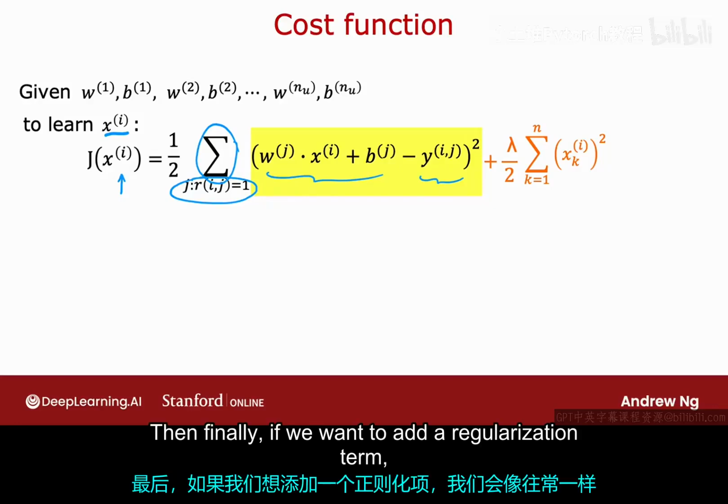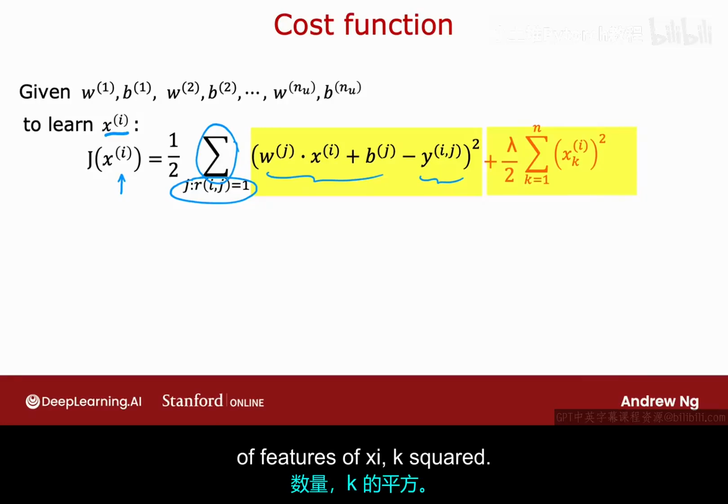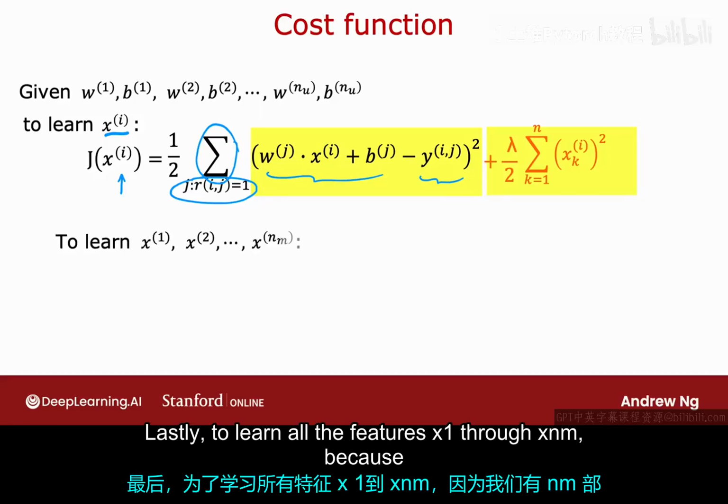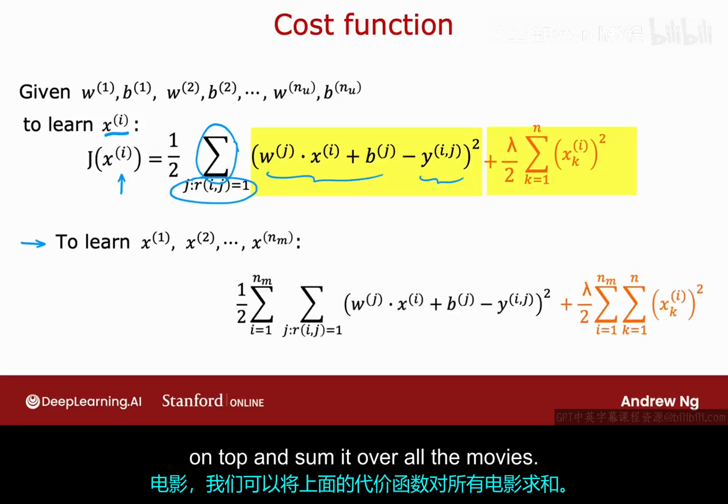Then finally, if we want to add a regularization term, we'd add the usual plus lambda over 2, sum over k equals 1 through n, where n as usual is the number of features, of x_k^(i) squared. Lastly, to learn all the features x^(1) through x^(n_m), because we have n_m movies, we can take this cost function on top and sum it over all the movies.